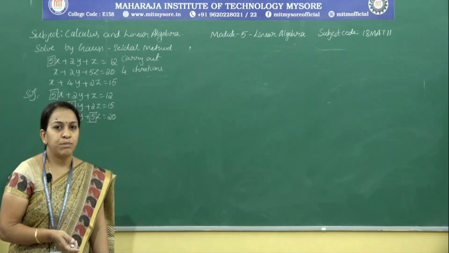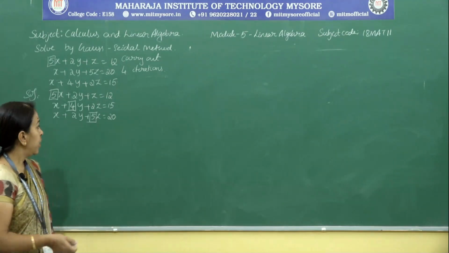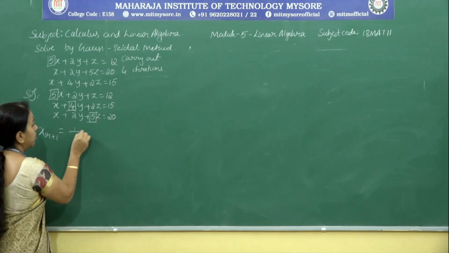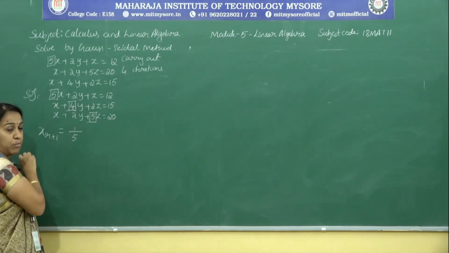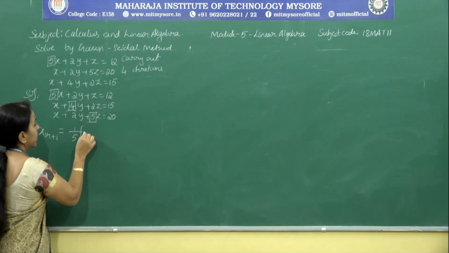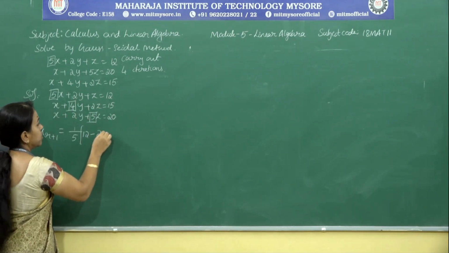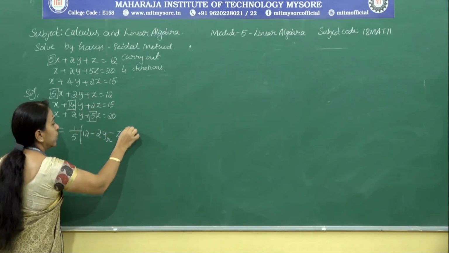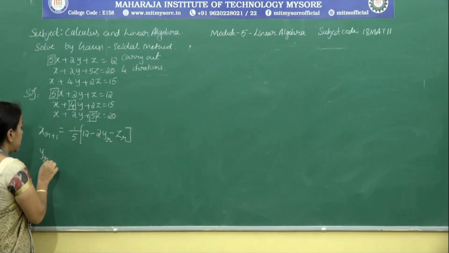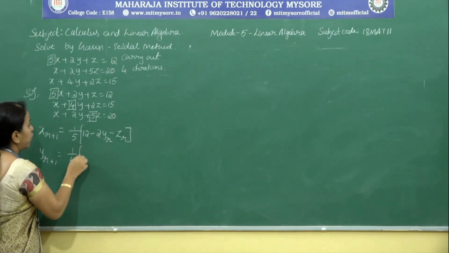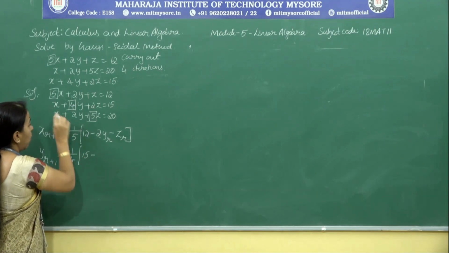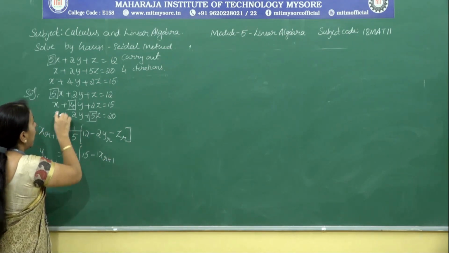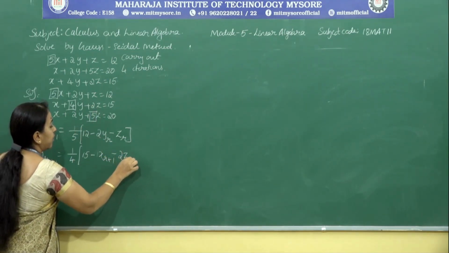Okay. Now with the usual method, construct your x, y, z formulas, that is x(r+1) equal to 1 by the diagonal dominant element, 1 by 5 into 12 minus 2 times yr minus the coefficient of z, which is 1, times zr. The next equation, y(r+1) is 1 by 4 into 15 minus 1 times x(r+1), x is nothing but x(r+1), minus 2 times zr.